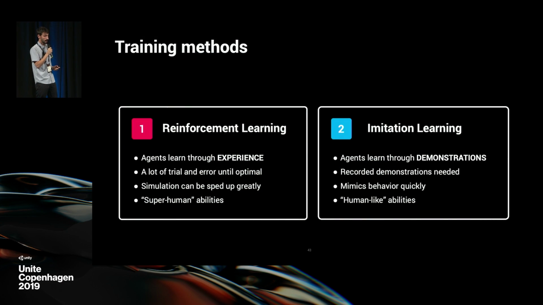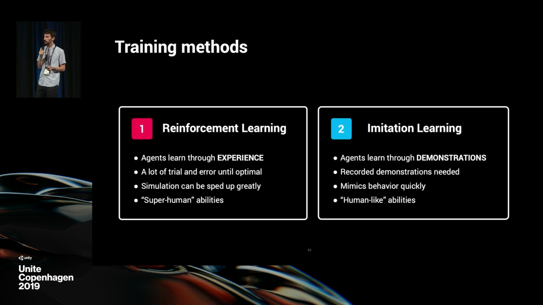Now, the second way to train our agents is using imitation learning. When you use imitation learning, you provide demonstrations to the agent, and the agent will learn using the demonstrations. This requires you to play the game a little bit from the point of view of the agent in order to collect enough information for the agent to be able to learn. The advantage is that the agent is only mimicking what the human is doing.